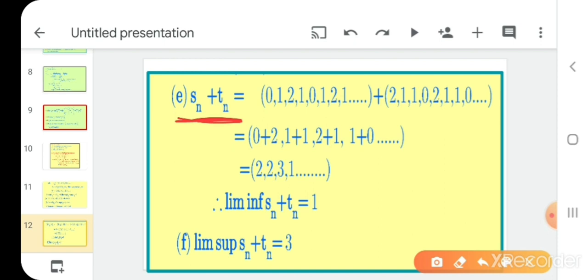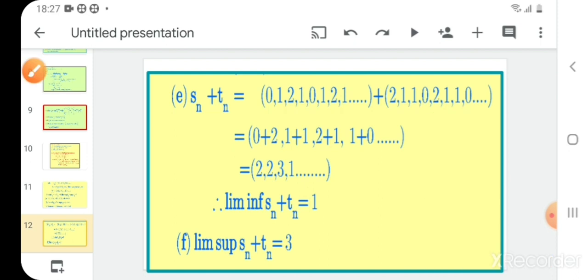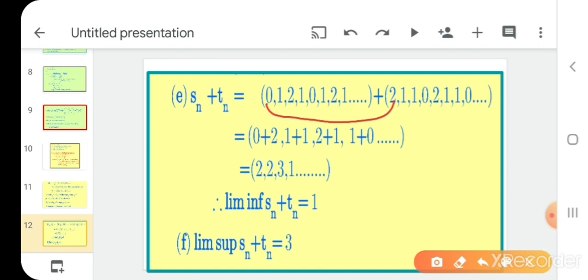What are the elements of Sn? 0 1 2 1, 0 1 2 1 like this. What are the elements of Tn? 2 1 1 0, 2 1 1 0 and so on. How can you add these two sequences? We add the first term of Sn with the first term of Tn, that is 0 plus 2. After that I add the second term of Sn with the second term of Tn, that means 1 plus 1.